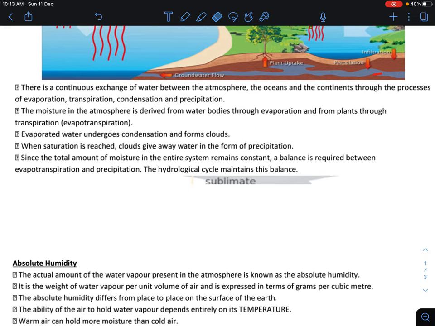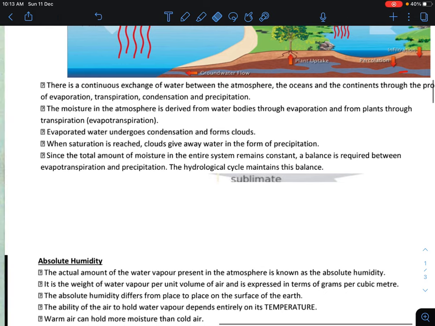Now, this is a very important point: since the total amount of moisture in the entire system remains constant, a balance is required between evapotranspiration and precipitation.